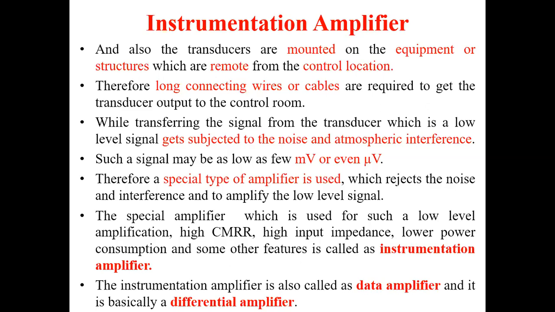So we have to reject this noise, and at the same time amplify the signal also. A normal differential amplifier cannot serve this purpose, and therefore we need a special type of amplifier which rejects the unwanted signal, that is, it has a high CMRR, and at the same time amplifies the low level signal.